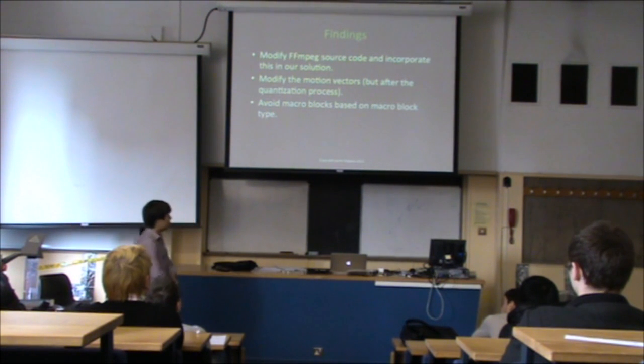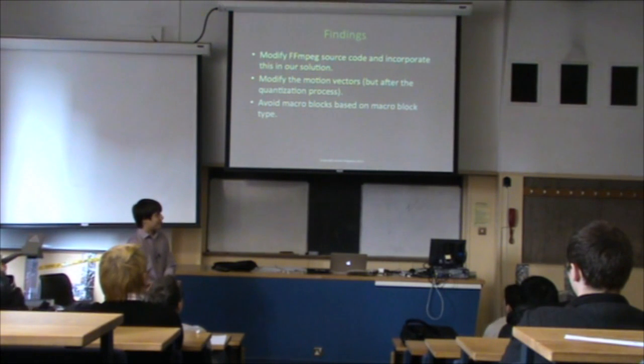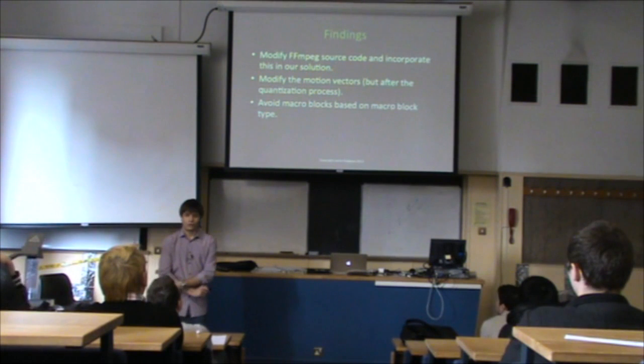So the final solution involved modifying the FFmpeg source code and libraries, incorporating them into my solution, and modifying the motion vectors at the right point. My initial attempts weren't quite successful because I wasn't modifying the motion vectors at the right point.